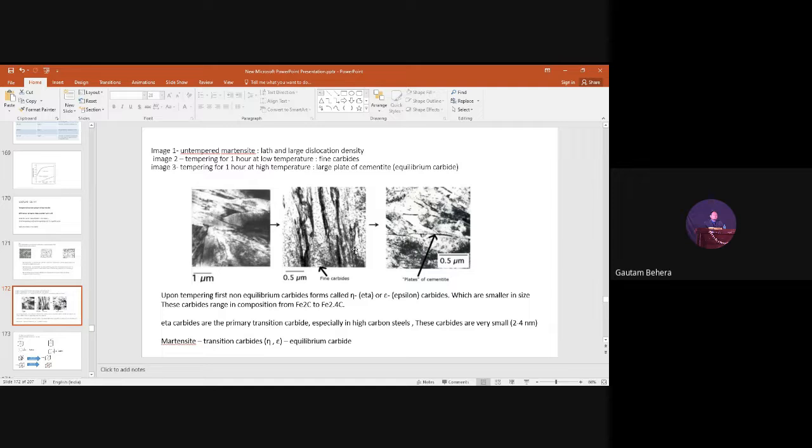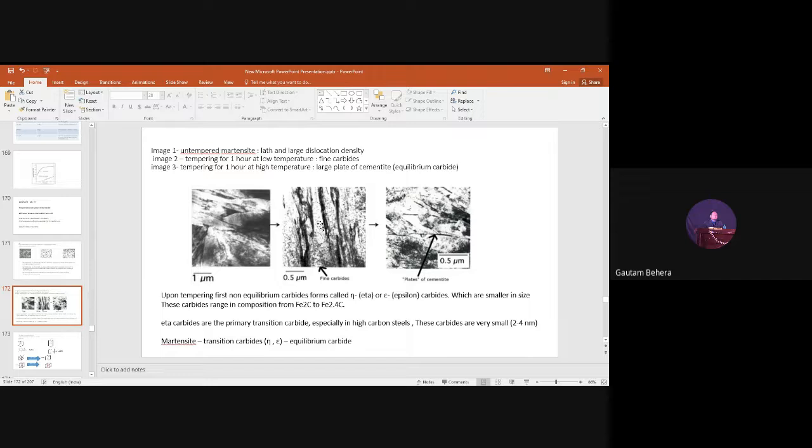But upon tempering, you can see what is happening. If you remember, on tempering the carbon will eject out from the martensitic laths, right? It reacts with the iron and forms carbides. Basically the initial carbides, you can see the carbides here, very small fine carbides.